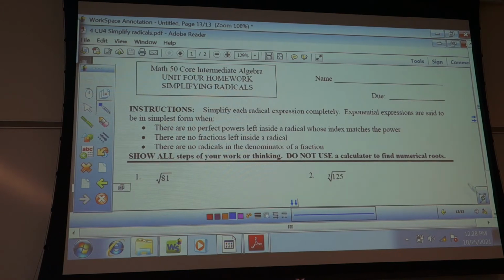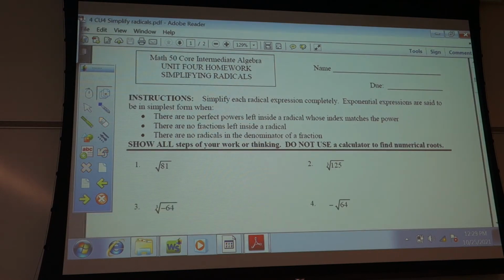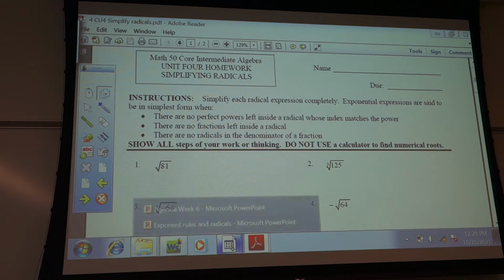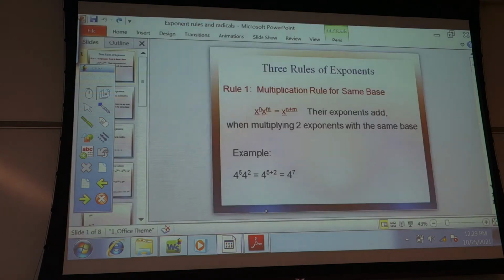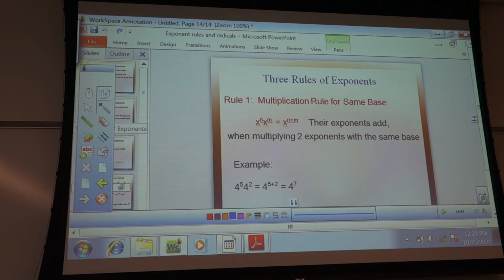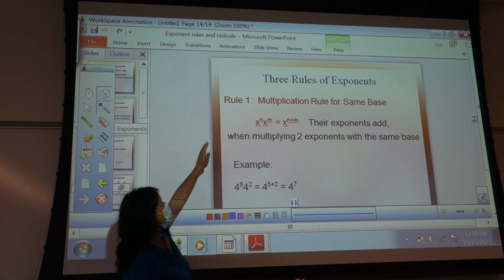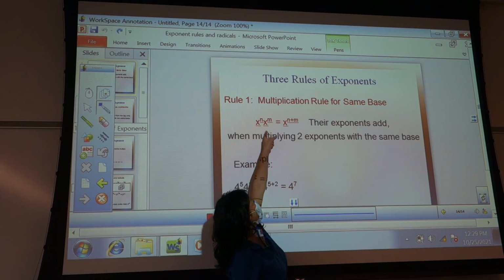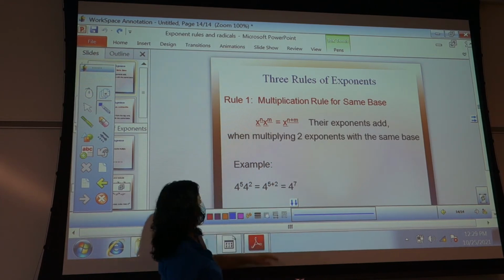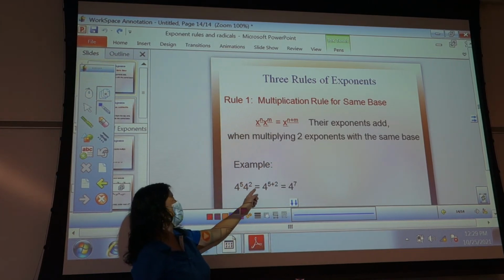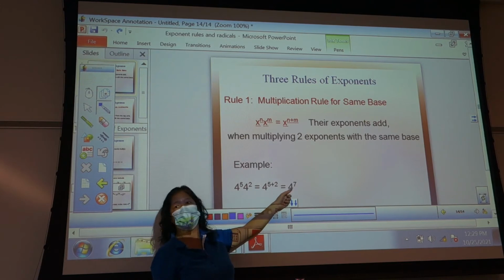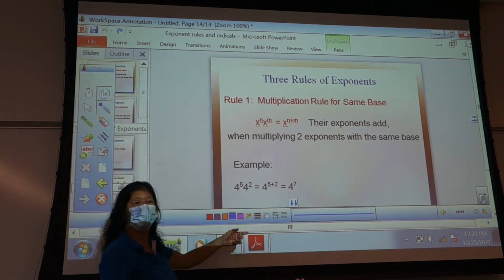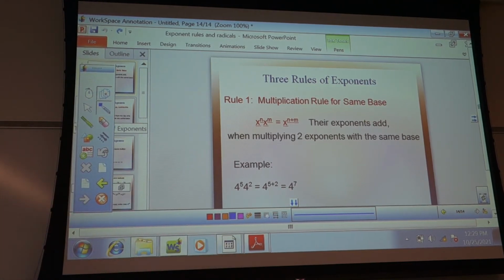Alright. And we're going to do it using this one. Okay, great. So just as a reminder, multiplication rule, if they have the same base, you add their exponents. For example, 4 to the 5th times 4 to the 2nd, you just add their exponents, it's 4 to the 7th. Everybody, this is just a refresher.